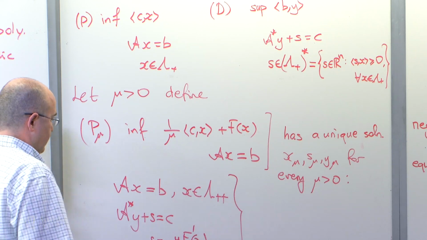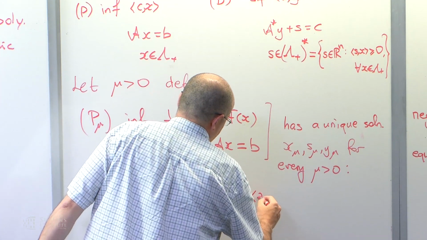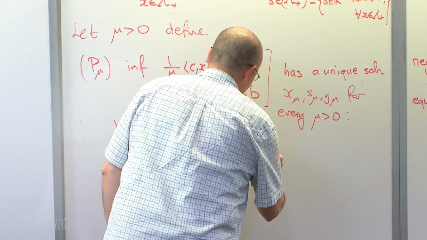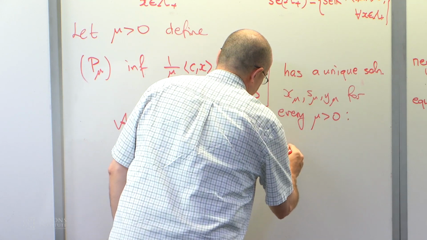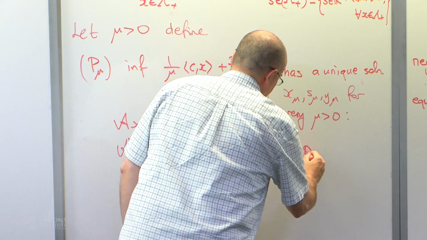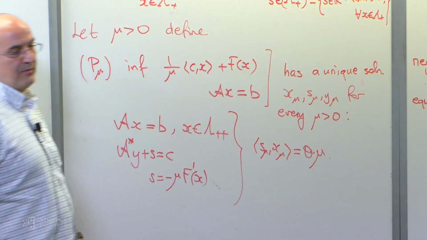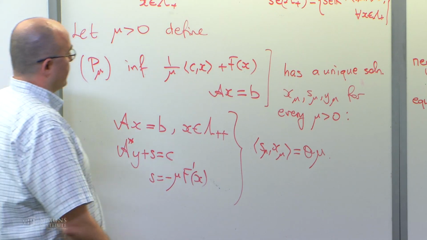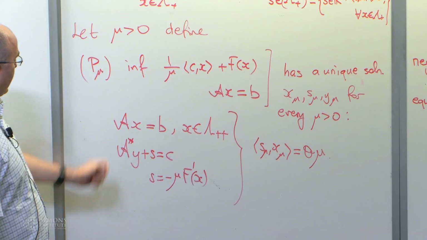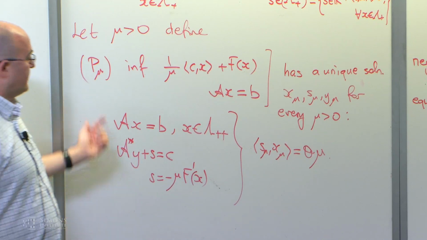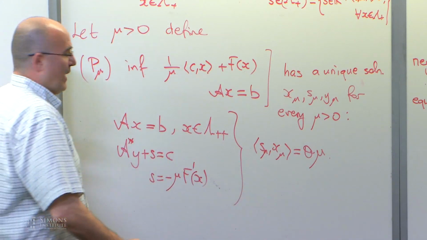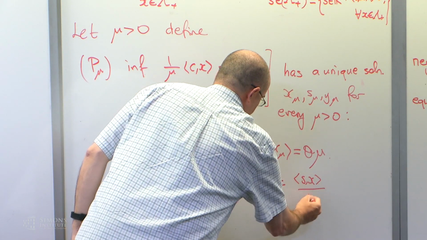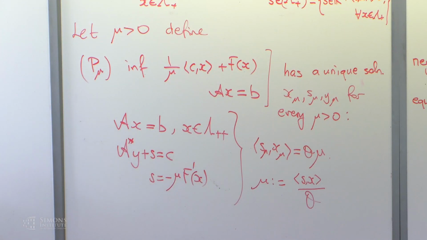Moreover, their duality gap, x mu inner product s mu, is equal to theta times mu. So theta was the degree of our polynomial and mu was the parameter. But now we can turn it around and say that for any pair of primal point x and dual point s, we can associate a mu by taking s, x, and dividing it by theta.